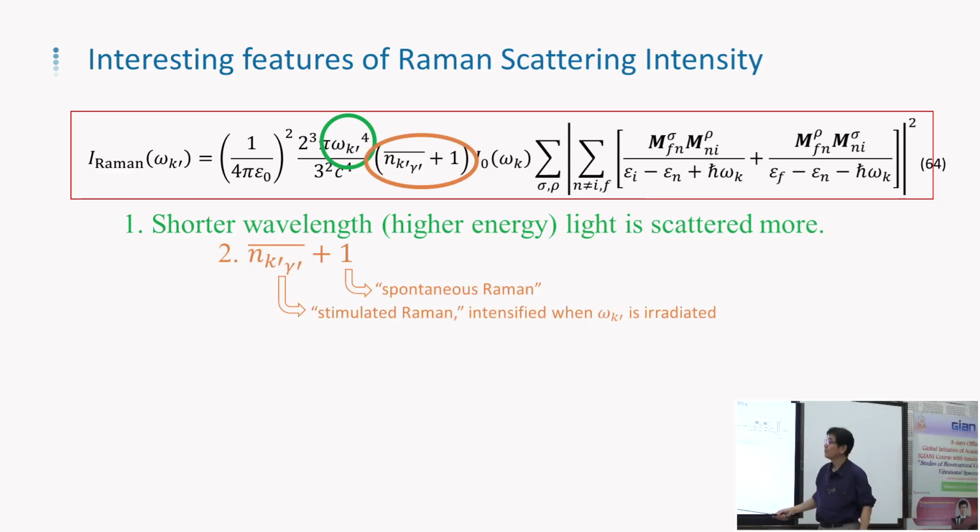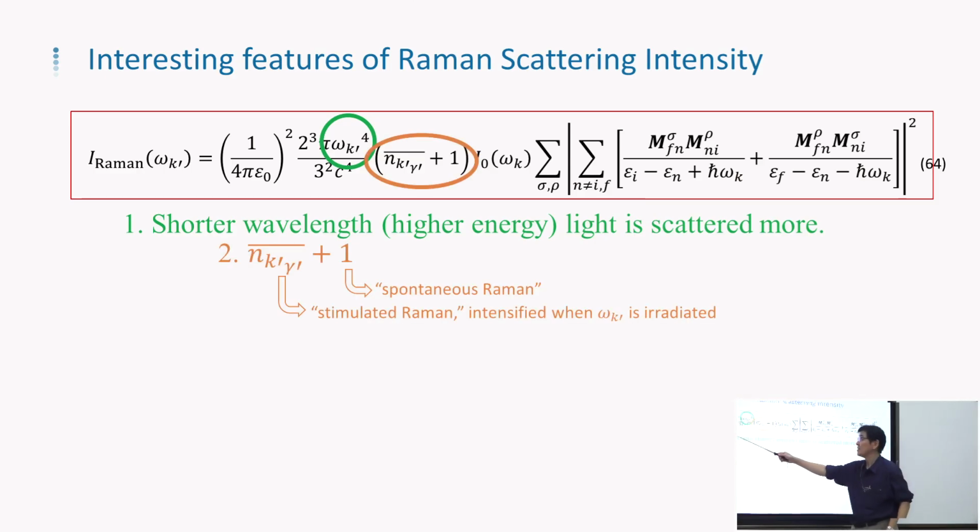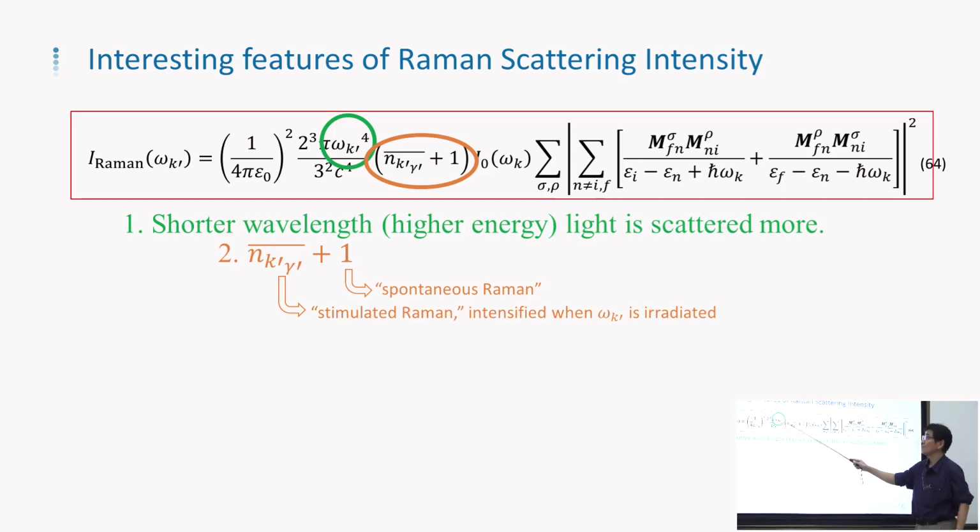Second point, Raman intensity is in proportion to n k prime gamma prime bar plus 1. What are they? Again, k prime gamma prime indicates the wave number vector and polarization of the scattered light.